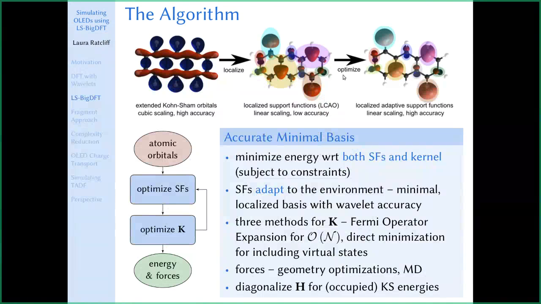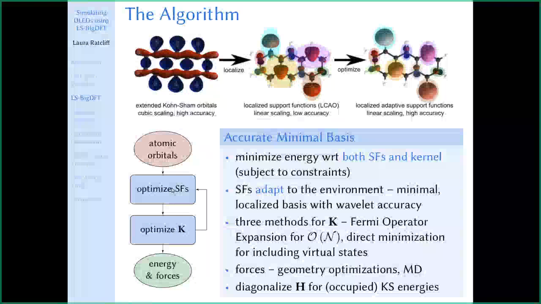So the final step is to optimize the support functions for the system. And again, this is a similar approach to that used in the ONETEP code, but it means we're able to have a minimal localized basis, which is somehow adapted to the system. So you can see that support functions on a carbon atom might look slightly different depending on the local environment of that carbon atom.